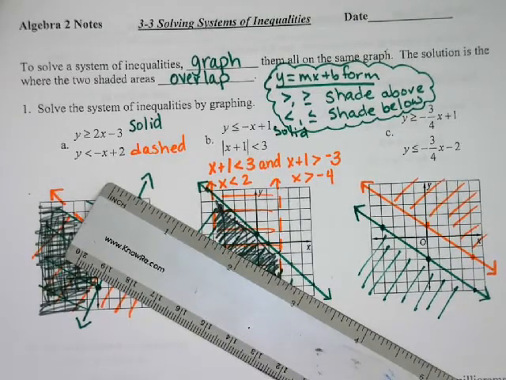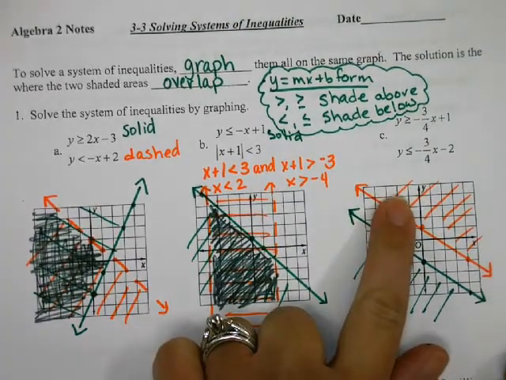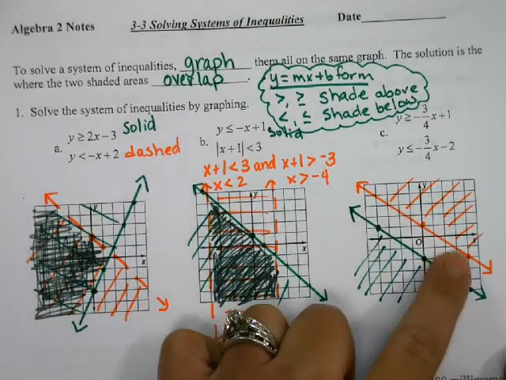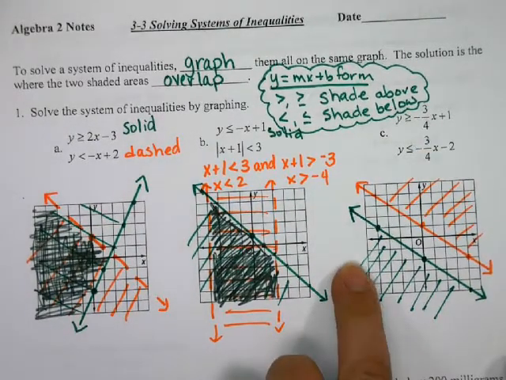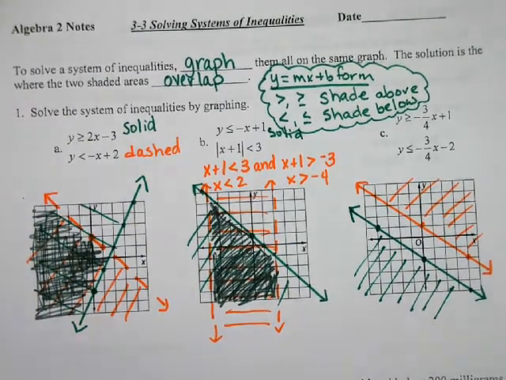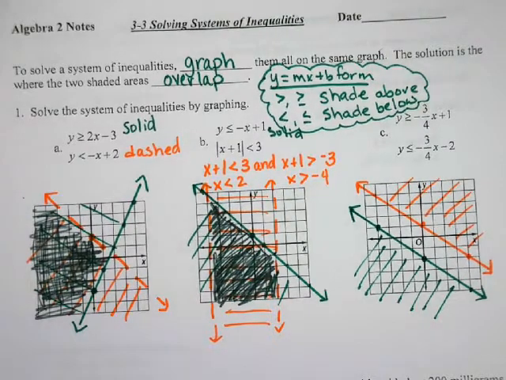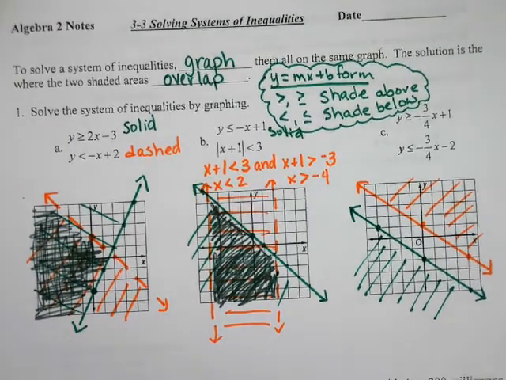Look at what happened when I graphed them. I get greater than my orange line, that was the top one, and less than my green line. Is there an overlapping area? No, these guys don't overlap at all. So if they don't overlap, is there a solution? No.